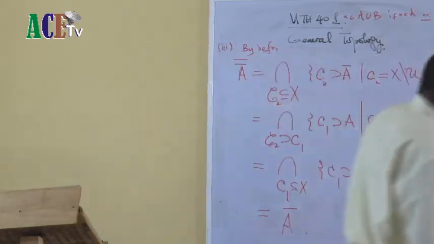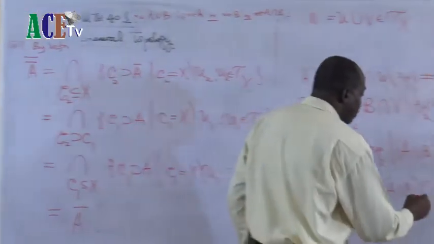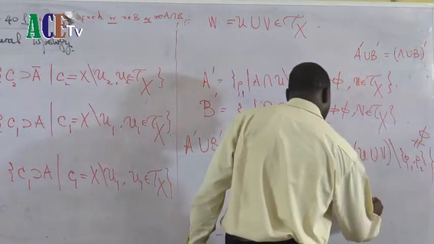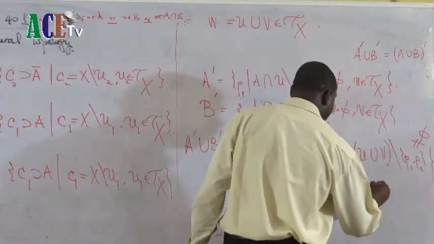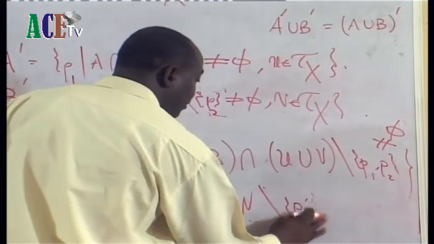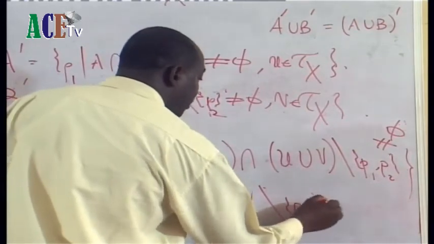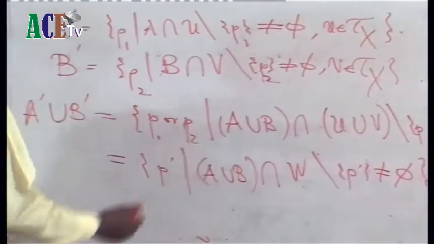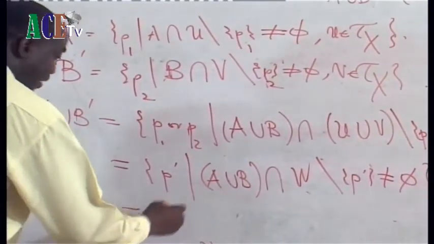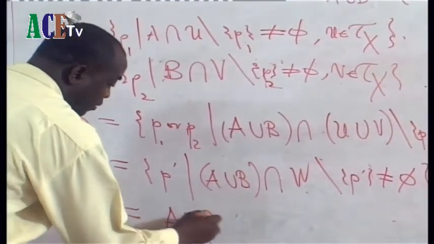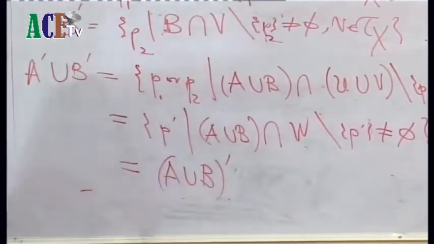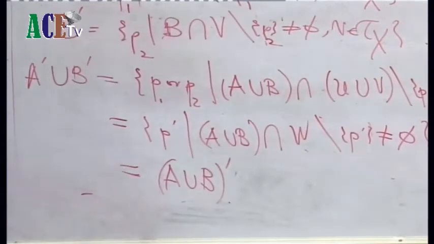So by this, this can become this, and then we can now have that not equal to empty set. And what we have is as simple as the derived set of A union B.